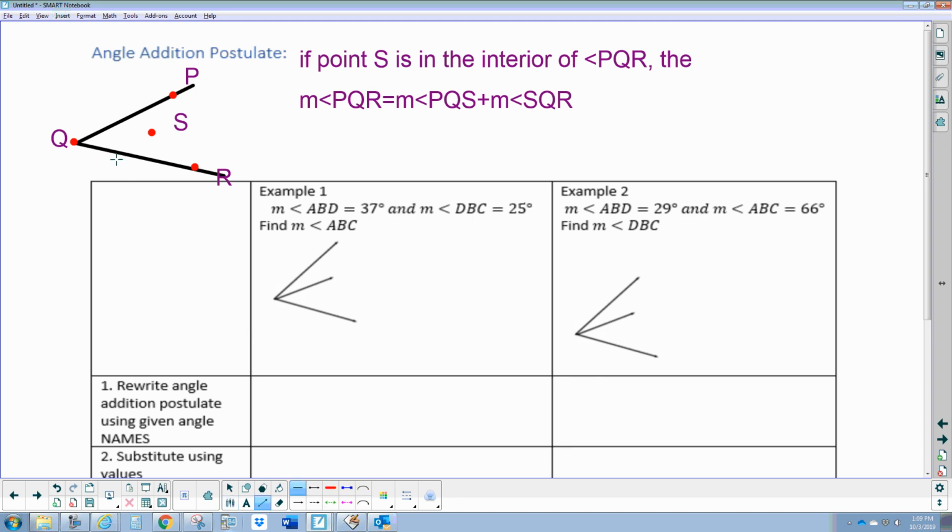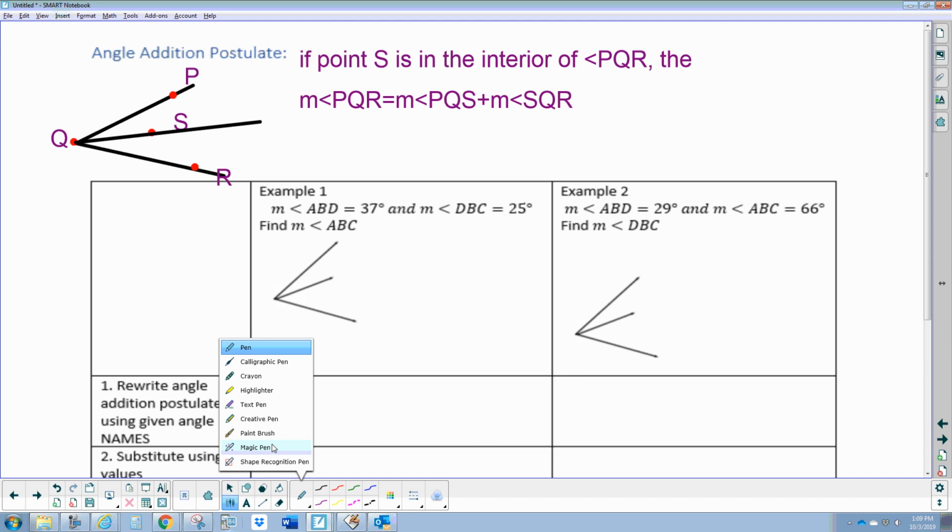Then we can draw a ray that goes from Q through S because we want it to form another angle. So we're saying that the measure of angle PQR, this angle right here, is equal to the measure of angle PQS, which is this angle right here, plus the measure of angle SQR, which is this angle right here. Okay, so that's the angle addition postulate.